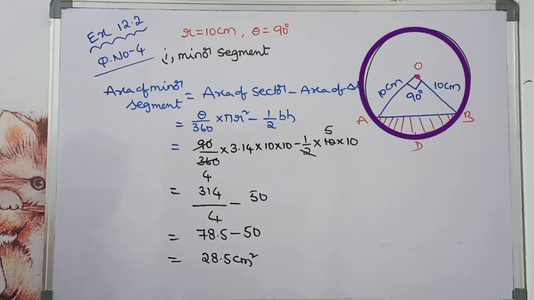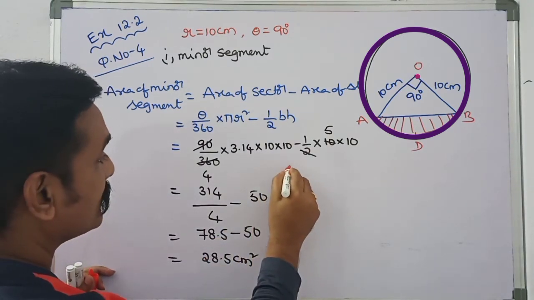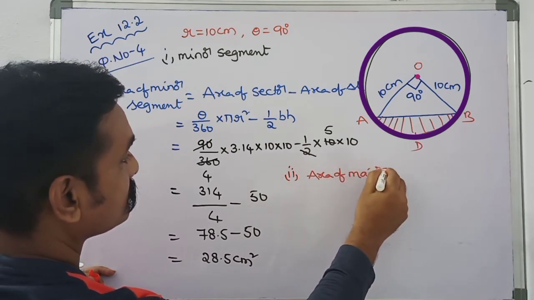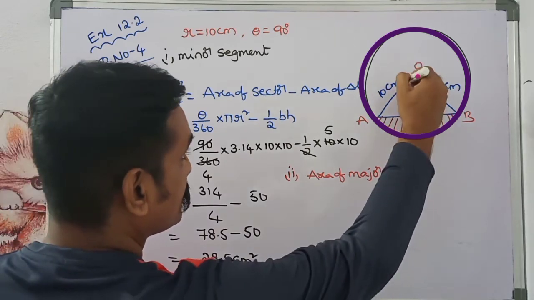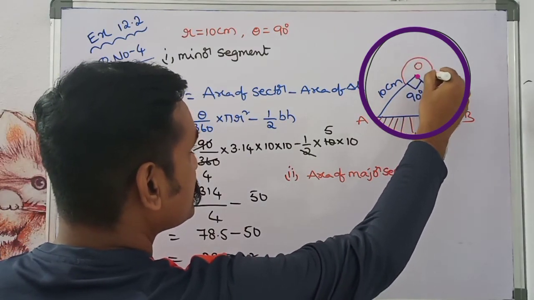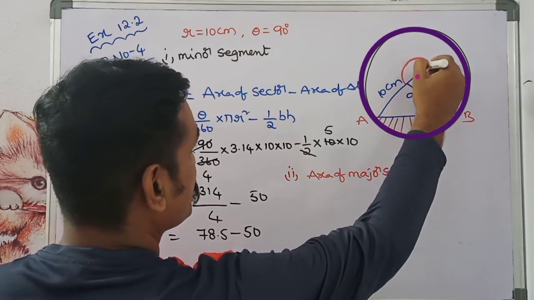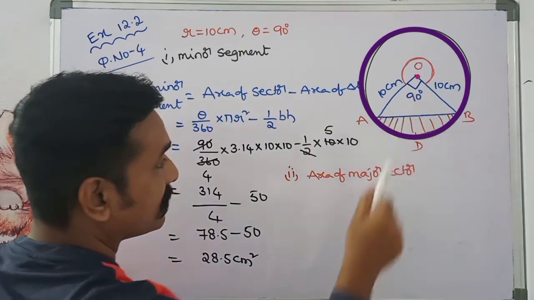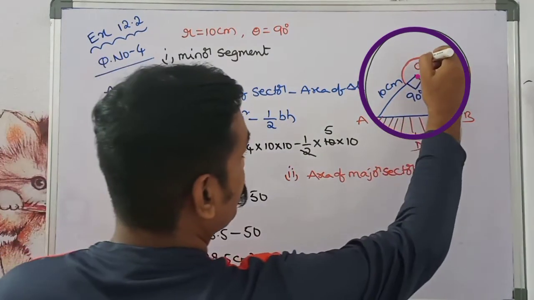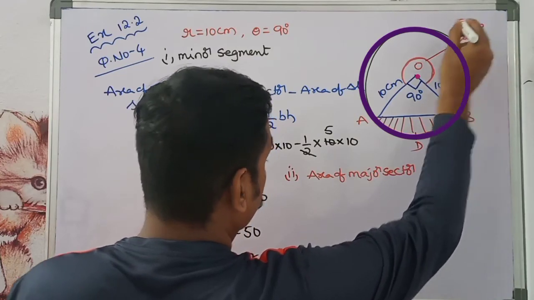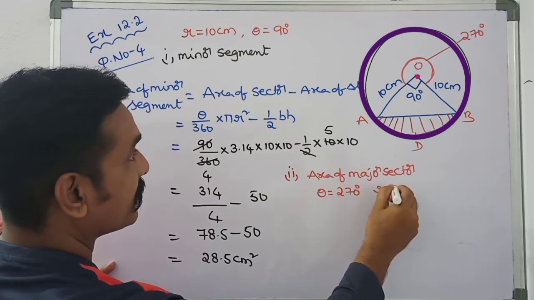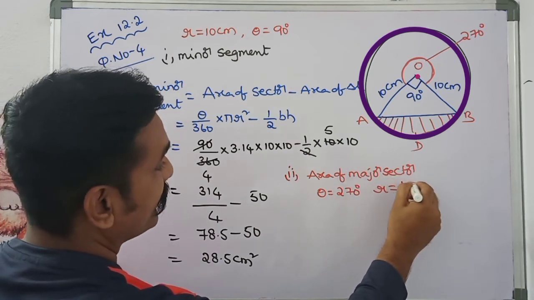This is the area of the minor segment. Second part, they ask you to find the area of the major sector. This complete part is the area of the major sector. Already total is 360 degrees. From this 360 degrees, already the 90 degrees part is completed. So the leftover angle is 270 degrees. Now theta can be taken as 270 degrees and the radius is 10 centimeters.